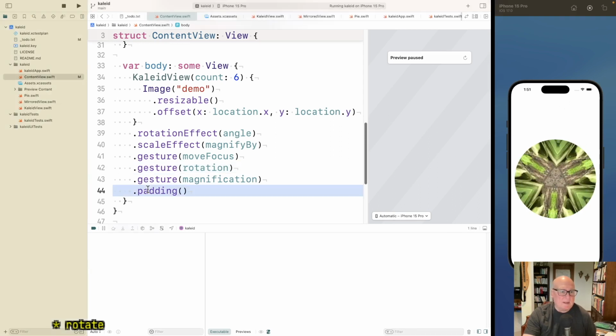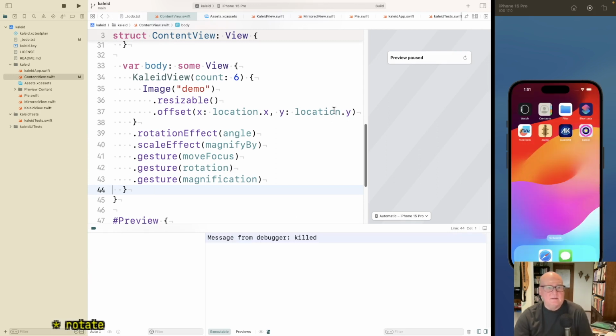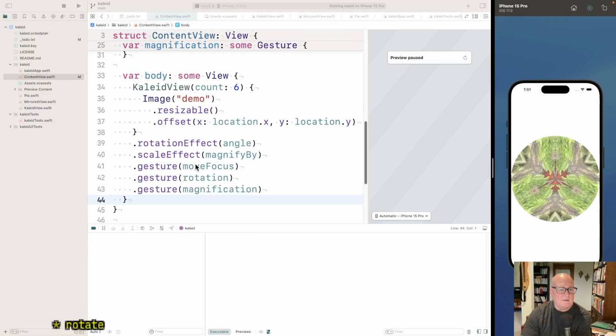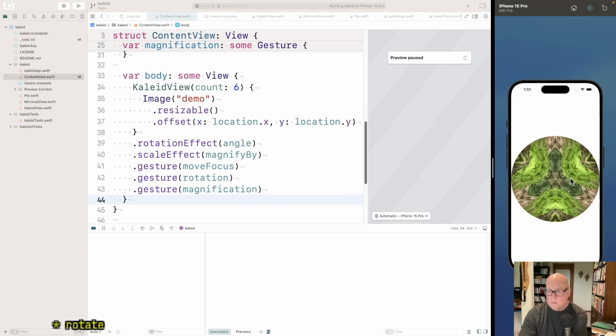Okay, I'm going to take off this padding just to see if that theory makes a difference. I'm not getting both magnify and rotation at the same time, though. Okay, yeah, now I can't get to that bad point.